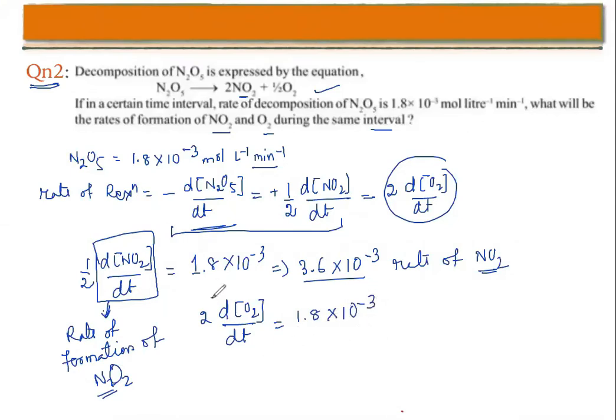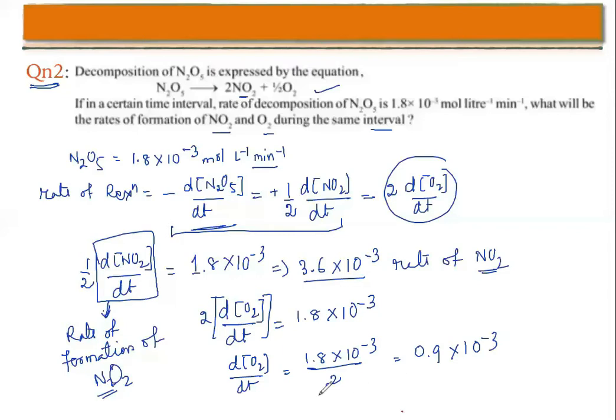Now we have to get this value, that is nothing but your formation of oxygen gas. So take this 2 in the denominator. So formation of oxygen will be 1.8 into 10 to the power minus 3 divided by 2, which is equal to 0.9 into 10 to the power minus 3. So this is the formation of oxygen gas.